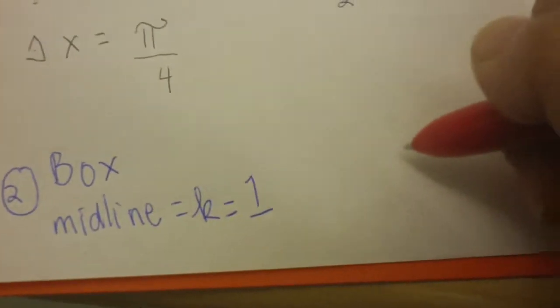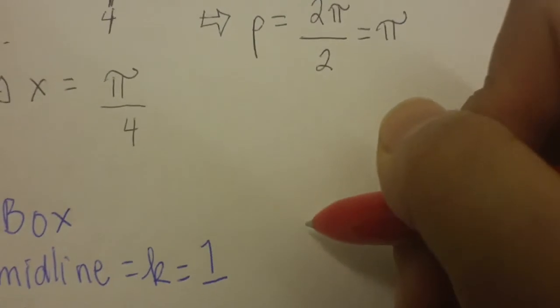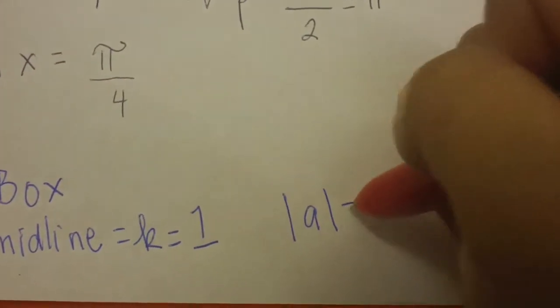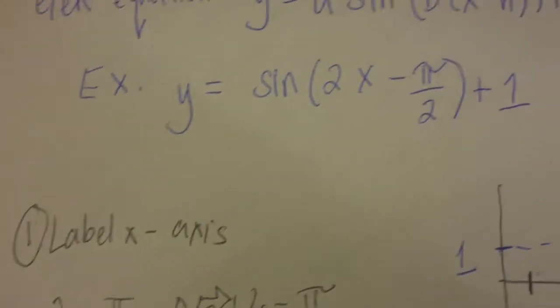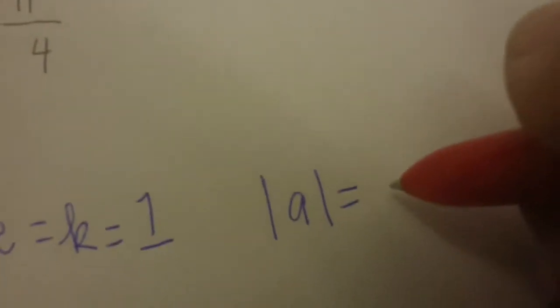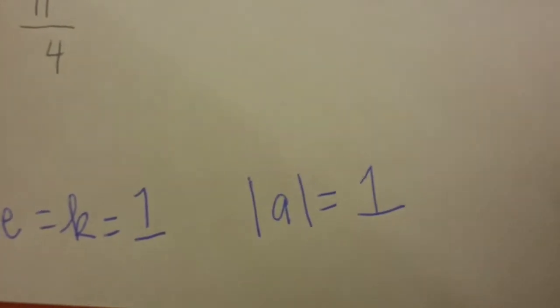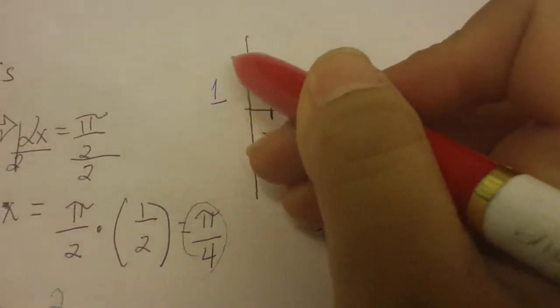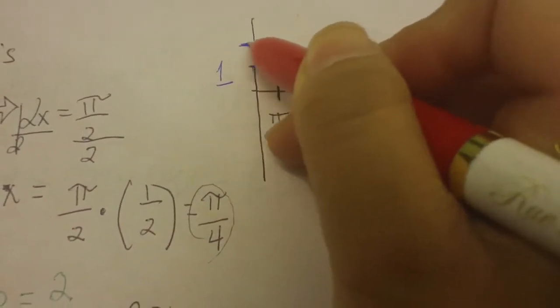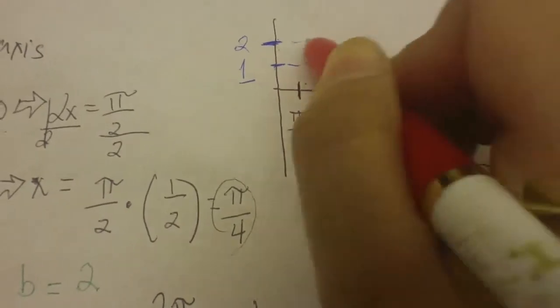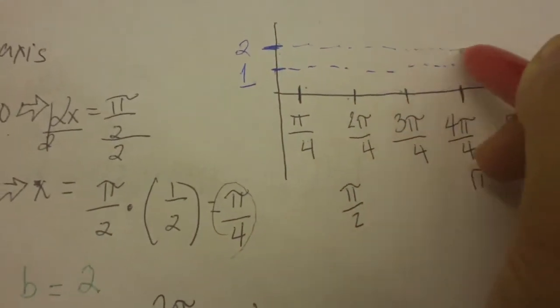And the way we do that is we find the amplitude, the absolute value. So amplitude is the absolute value of A. And in this case, A is just equal to 1. So our amplitude is 1. Okay? That means our highest point is 1 unit away from our midline. So 1 unit above our midline is our highest bounds, our upper bounds.